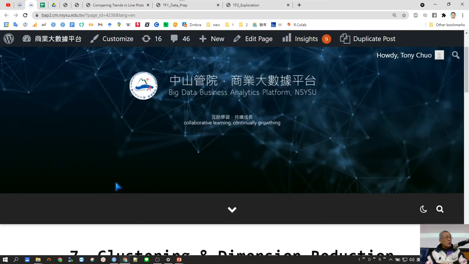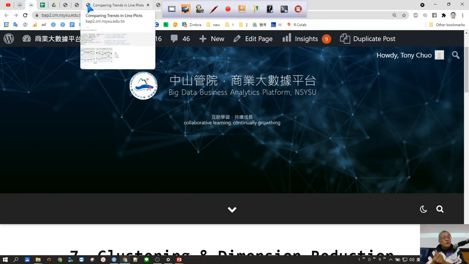What you need to do is apply the ggplot technique. See, in notebook TF2, I do not use ggplot, I use a little actually. But now you have learned a lot about ggplot already, right?